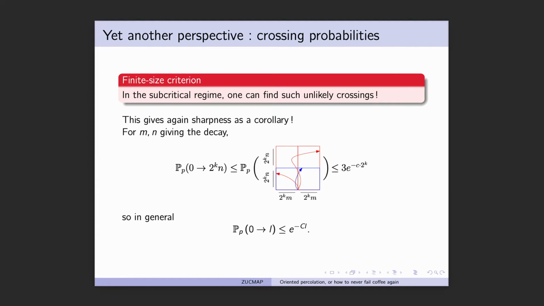And we also have this perspective of crossings, which comes more from the realm of non-oriented percolation, which I don't have time to talk about now, but these two pictures talk to each other, and they are able to provide somehow different proofs of the same results.